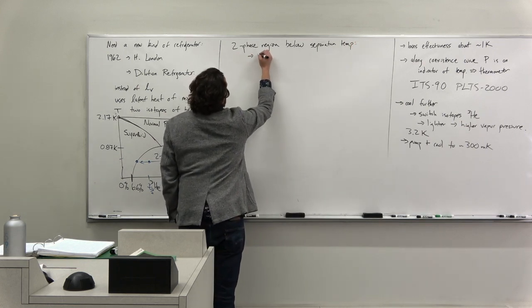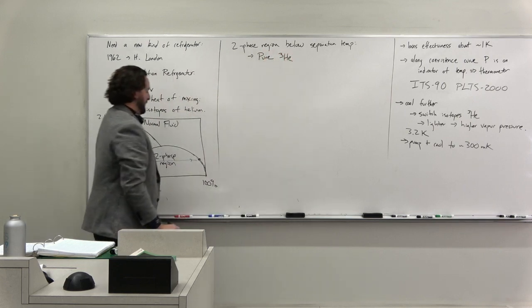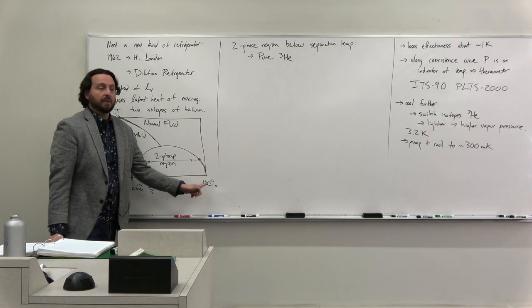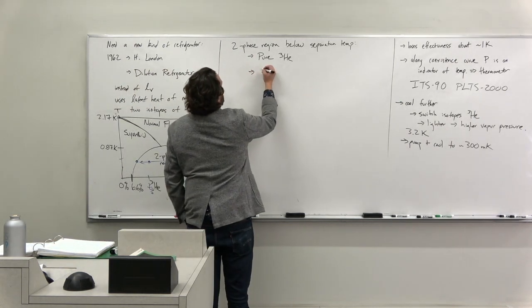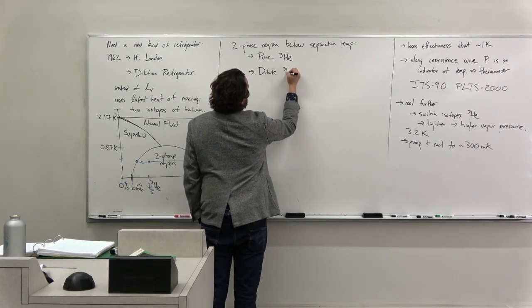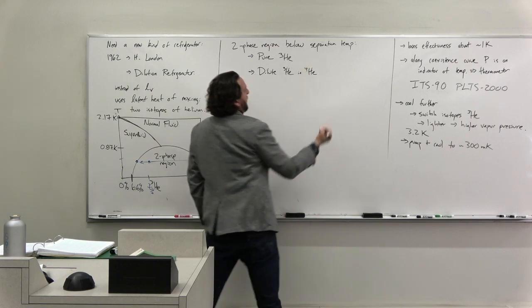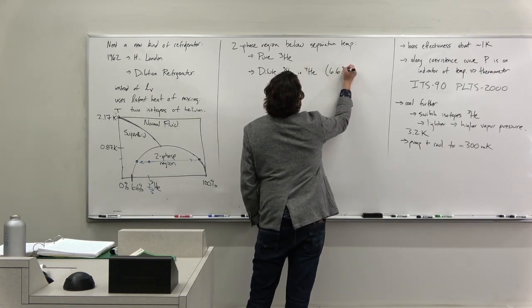One is pure helium-3, right? It's basically 100% helium-3, and one that is called dilute helium-3 and helium-4 at about 6.6 or 6.7%.